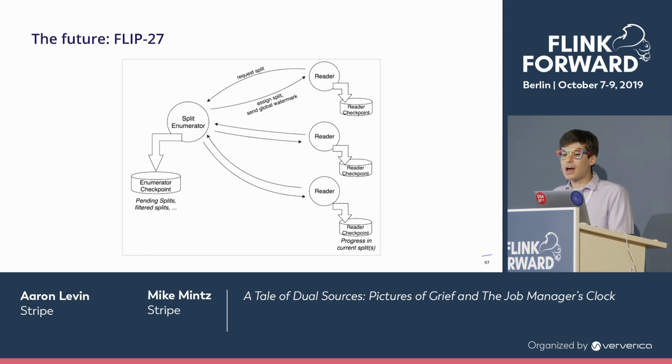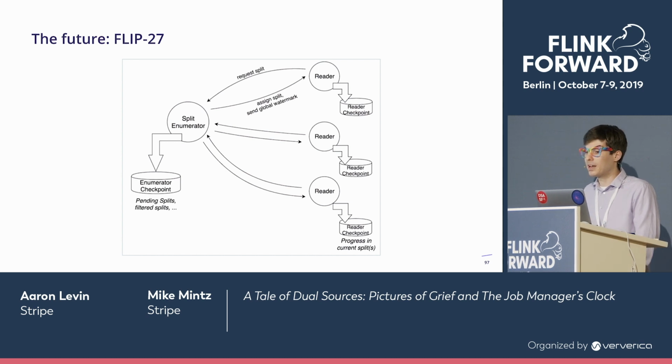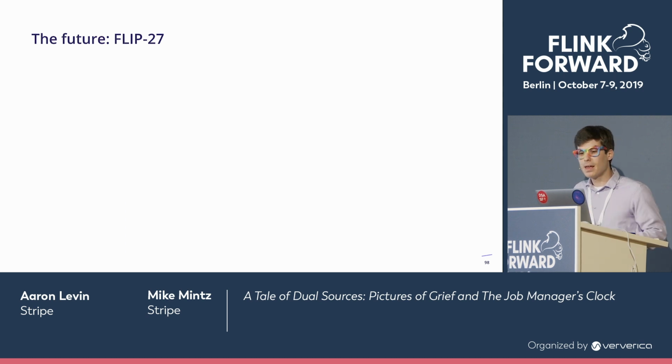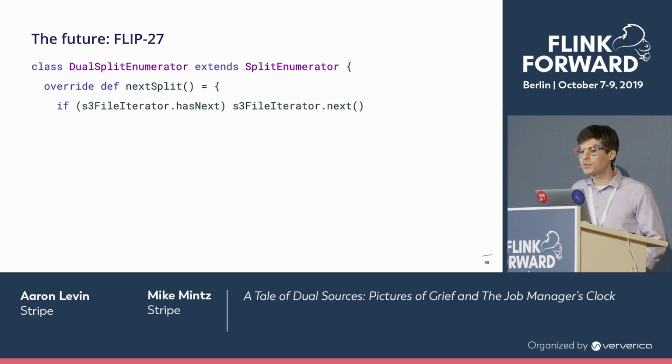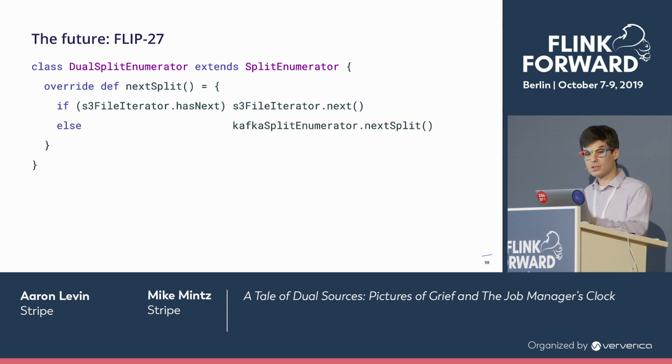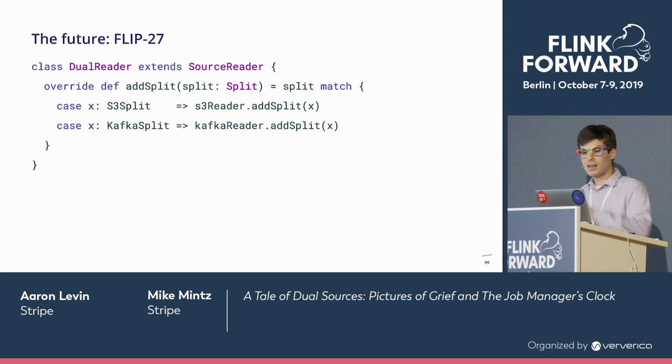This would potentially allow us to wrap existing S3 and Kafka readers and write a relatively straightforward custom split enumerator to control them. Our custom split enumerator would emit splits for each file on S3 in order, wait for the S3 readers to finish processing them, and then emit splits for the Kafka reader. And then our custom source reader would just wrap the S3 readers and Kafka readers, pattern matching on the type of the split it receives.